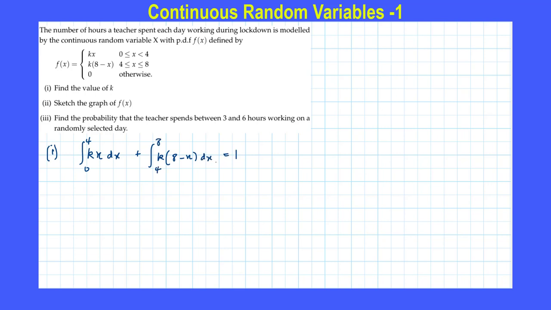So our usual rules of integration apply here. We integrate each part, put it into square brackets, put our respective limits into it, substitute our limits into each expression, and we'll end up with an equation in terms of k.